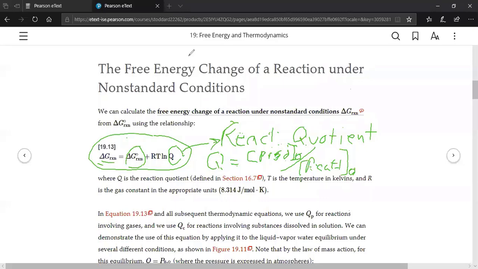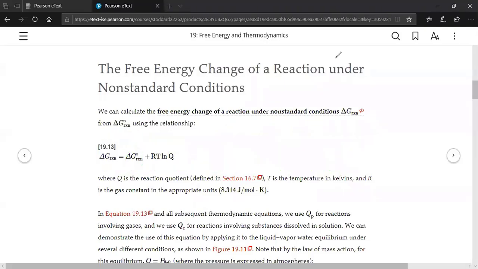And we know that we reach equilibrium at the point when Q is equal to what? K. Yeah, Q becomes the value of K when you reach equilibrium. All right, so that's what we're talking about here with the reaction quotient. What's a little bit different, though, is that this particular Q is a thermodynamic reaction quotient.